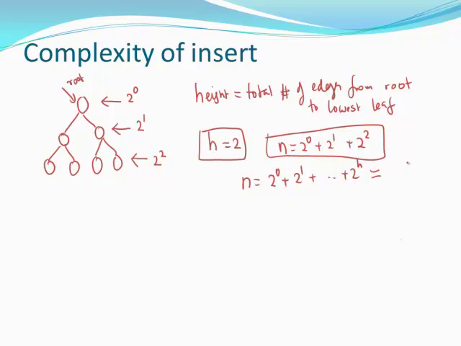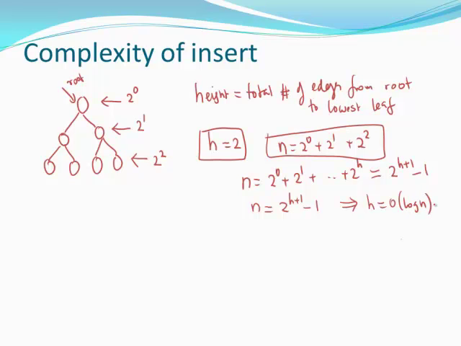So we do know from math concepts that this adds up to 2 to the h plus 1 minus 1. So the relation between n and the height h is given by this, which implies that the height is big O of log n.